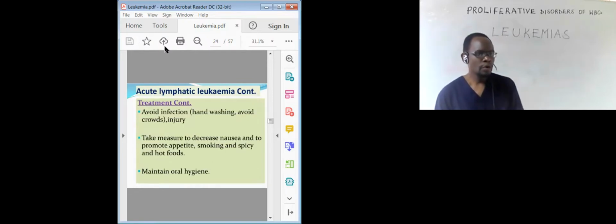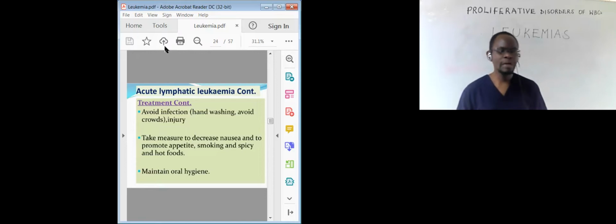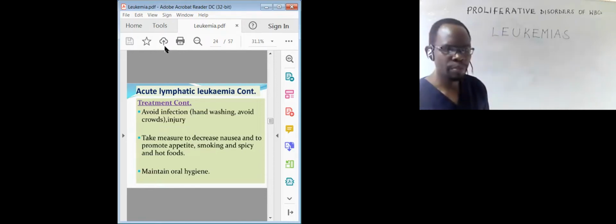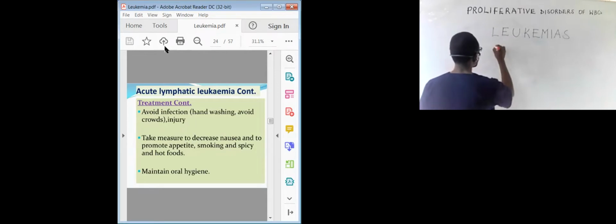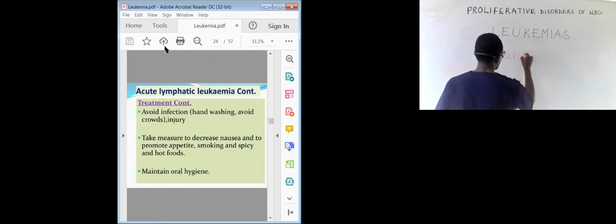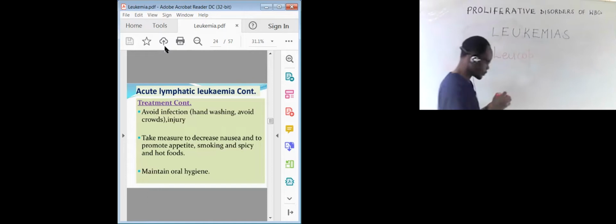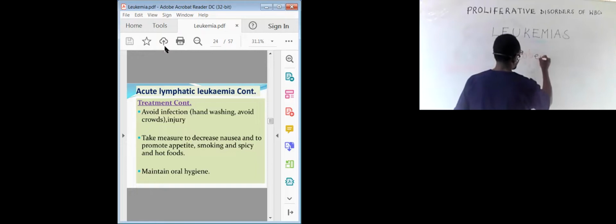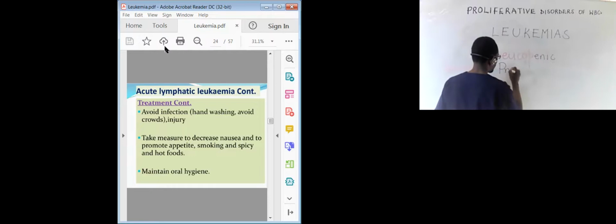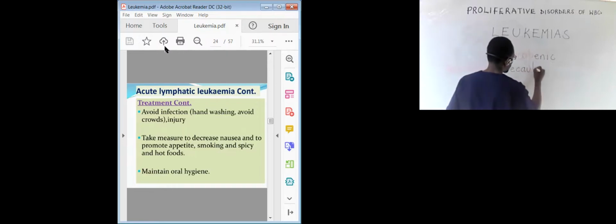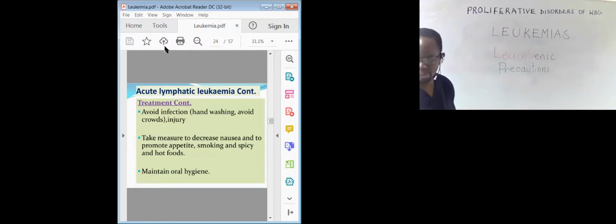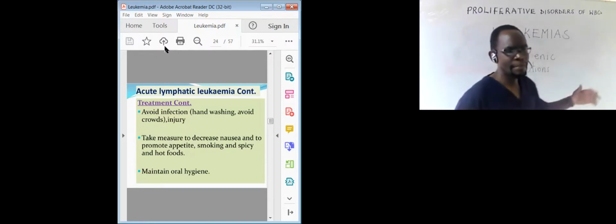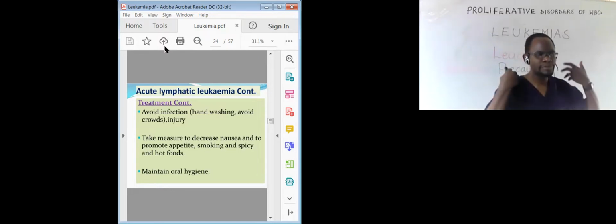All right, so avoid infection. These are what we call leukopenic precautions. They are basically precautions geared towards preventing infections.